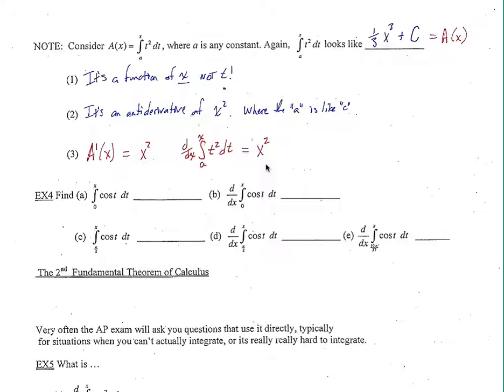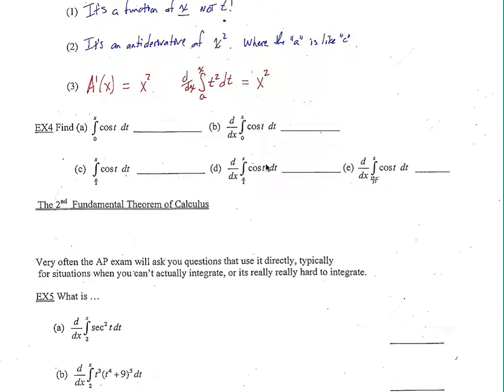Okay, so some examples. The integral from 0 to x of cosine t with respect to t is going to be sine x minus 0.